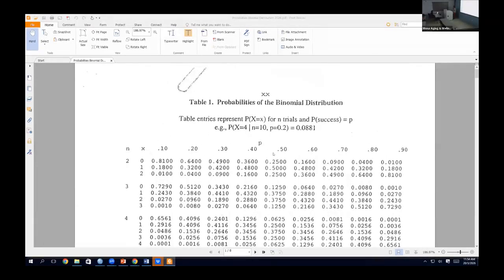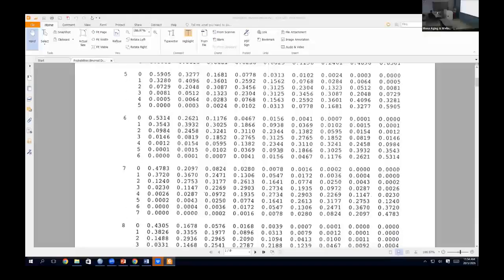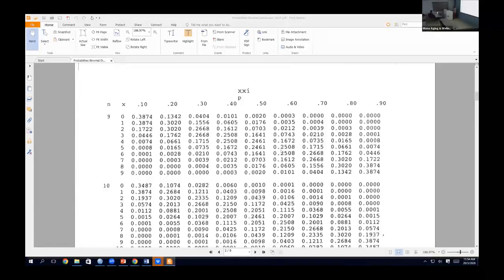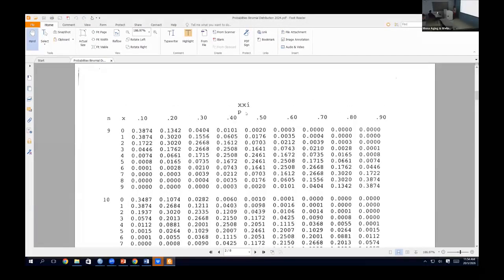Good. So n is 9. Probability of success is 0.5. So we want to know what's the probability of 7 or more successes.